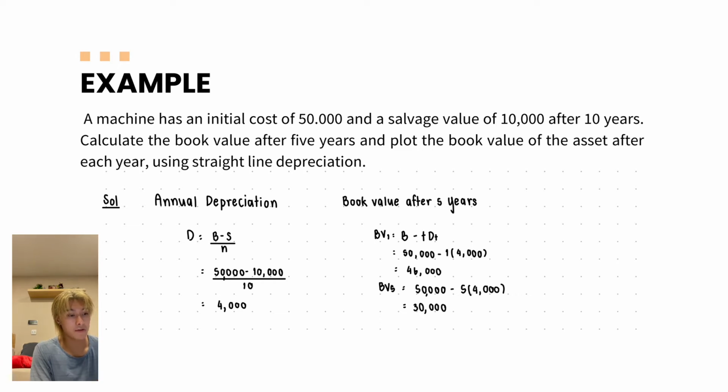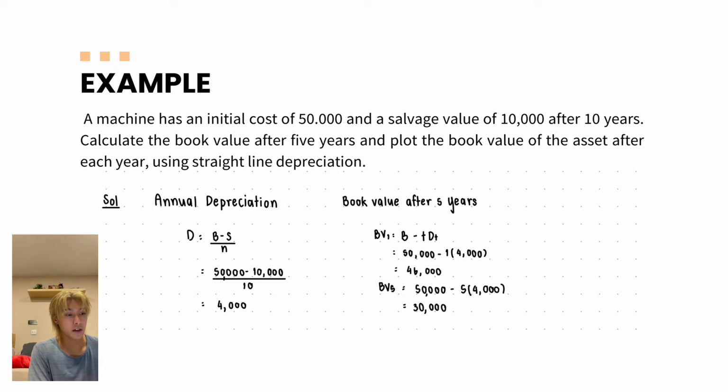The book value after 5 years, where the formula is BV_t equals B minus t times D. Again, since our B is 50,000 and our t is 1, so 50,000 minus 1 multiplied by our D, which we solved before, which is 4,000, we got the value of BV1 equal to 46,000.